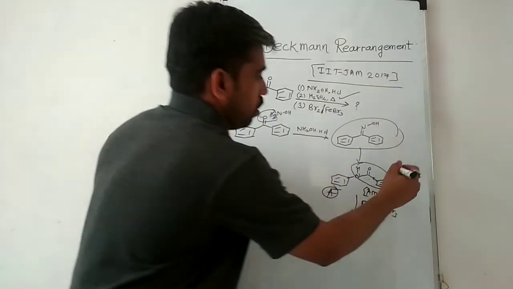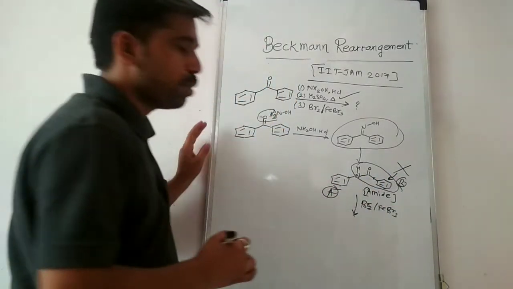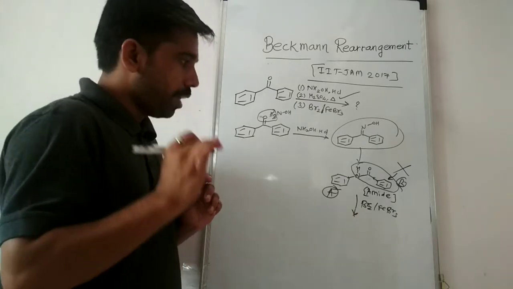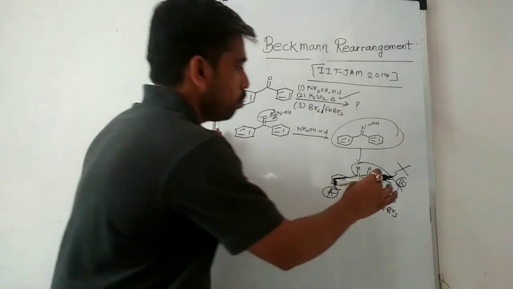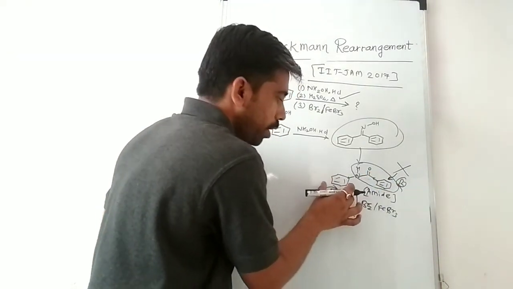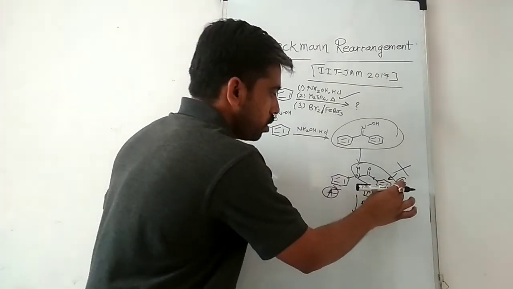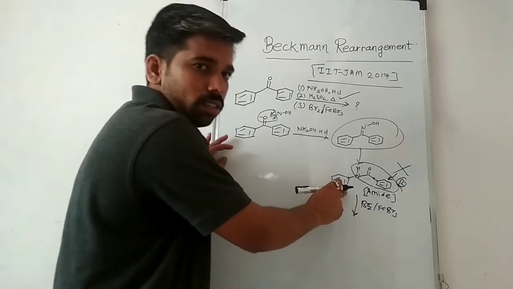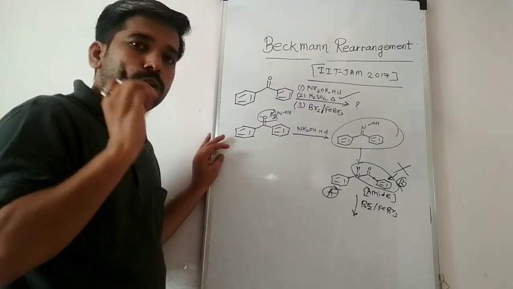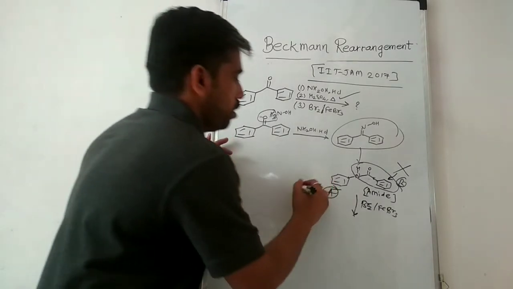So this ring does not give the electrophilic aromatic substitution reaction. So as compared to this ring, this is the electron rich ring. Okay, as compared to this ring, this is the electron rich ring. So aromatic electrophilic substitution reaction goes to this ring.